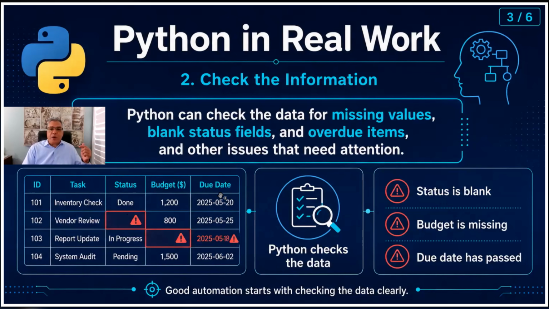Then you ask Python to give you the status of each of the items. Just as an example, like this vendor review, it's missing. The budget for the report update is missing and it's overdue based on today's date. And then you ask Python to analyze all of this information for you.